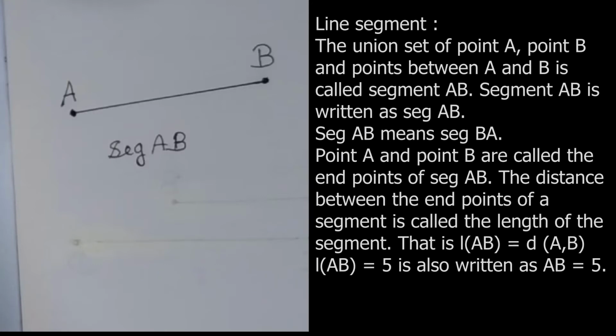Point A and point B are called the end points of segment AB. The distance between the end points of a segment is called the length of the segment. That is, length of segment AB equals the distance between points A and B. Length AB equal to pi is also written as AB equal to pi.